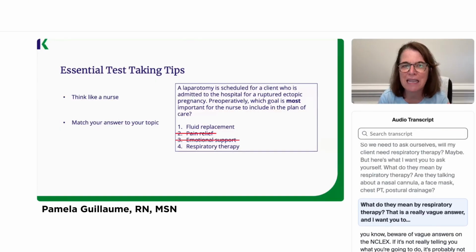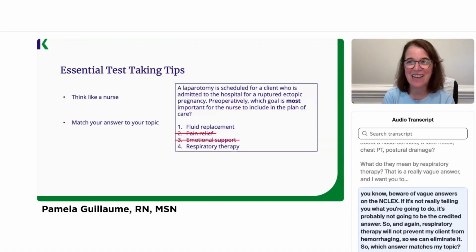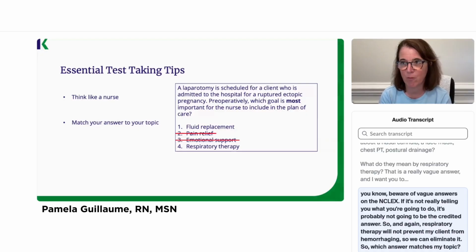What do they mean by respiratory therapy? That is a really vague answer, and I want you to beware of vague answers on the NCLEX. If it's not really telling you what you're going to do, it's probably not going to be the credited answer. And again, respiratory therapy will not prevent my client from hemorrhaging, so we can eliminate it.